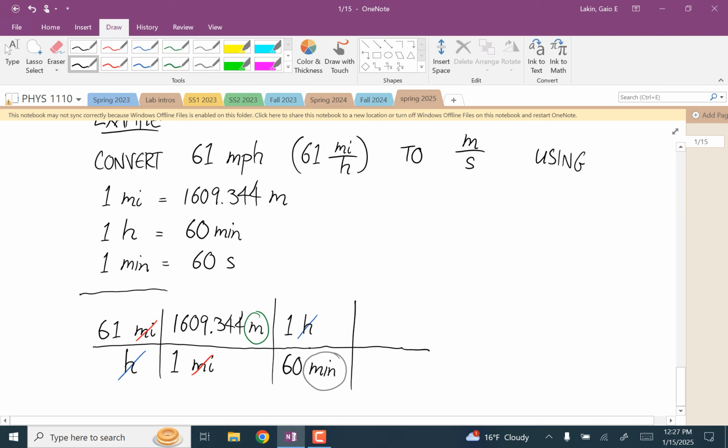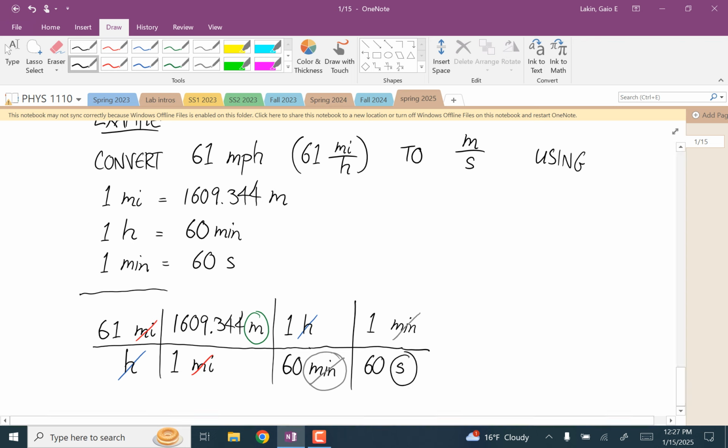And now we want to convert these minutes to seconds. So again, I'm going to put minutes in the numerator in order to cancel that. So I have 1 minute is equal to 60 seconds. So that cancels that.